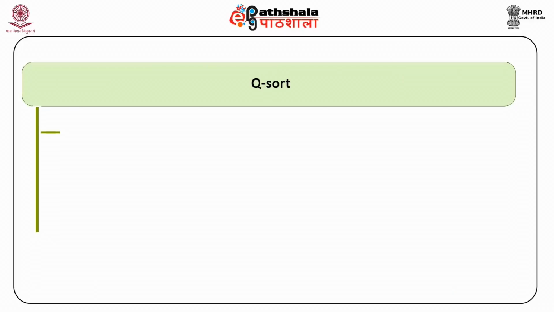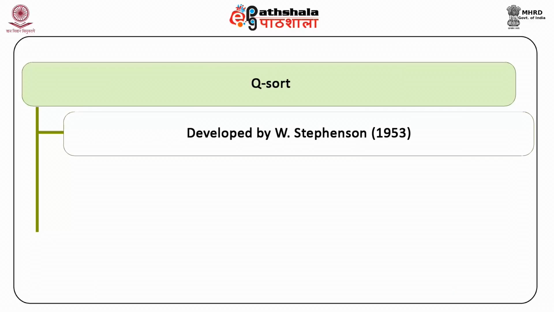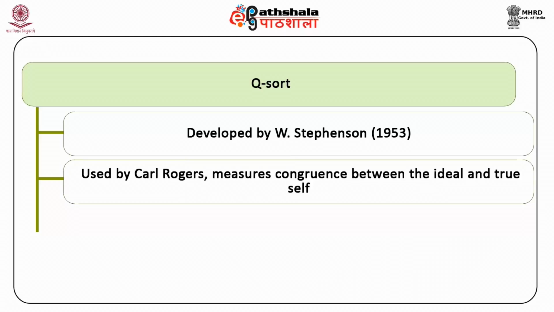The Q-sort, developed by W. Stephenson and widely used by Carl Rogers, measures congruence between the ideal and true self. The client is asked to sort these cards in order from most like me to least like me under the heading Self and Ideal.